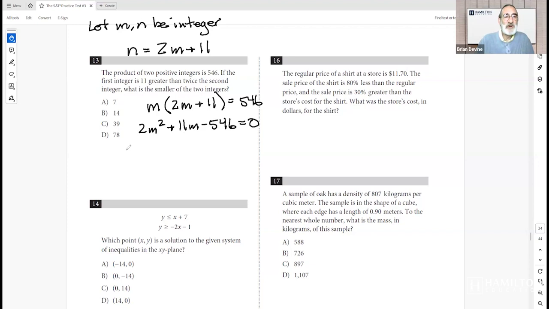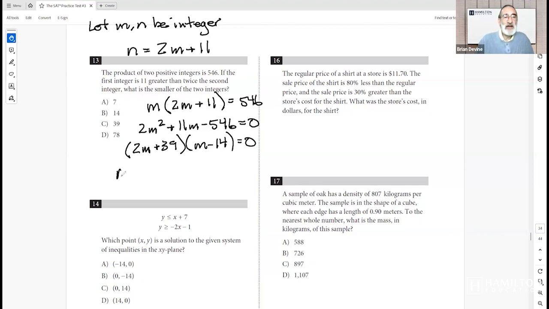And that's factorable. You can play around with it a little bit. You could graph it and see, but I'd have 2m plus 39, however you factor, whatever method is comfortable, times m minus 14 would equal 0. You can FOIL that out if you don't believe me, but that is the factoring.